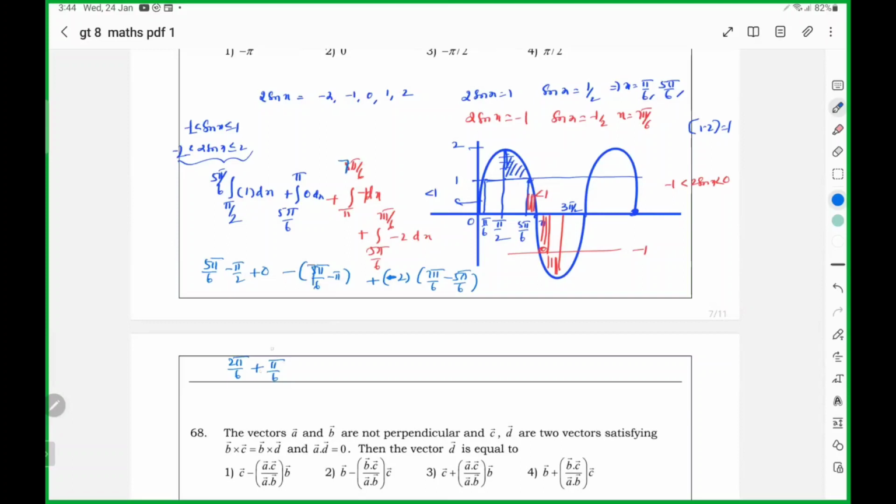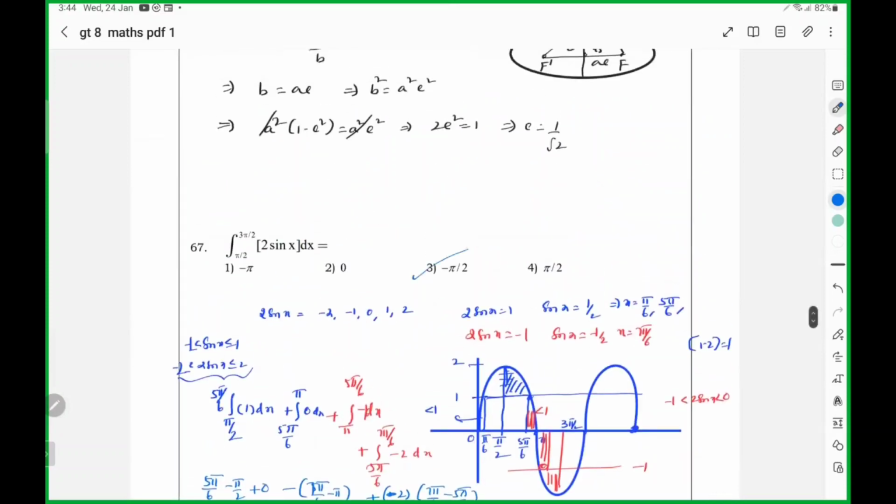So 7 pi minus 6 pi, minus 2 times pi by 6. So the answer is the third option.